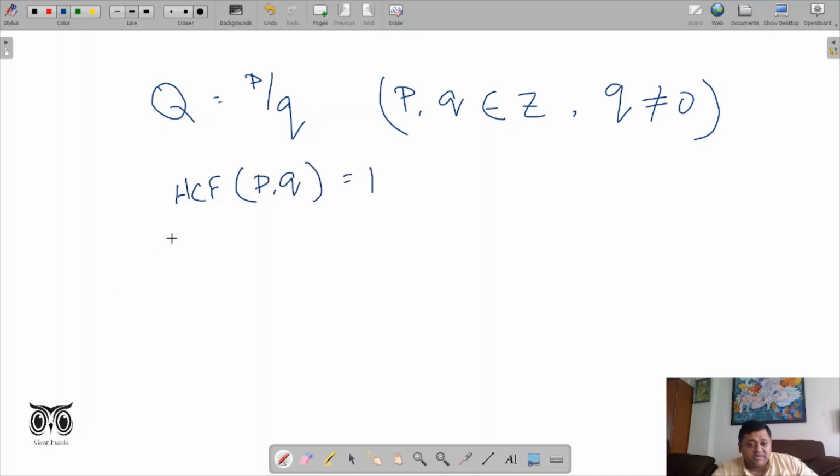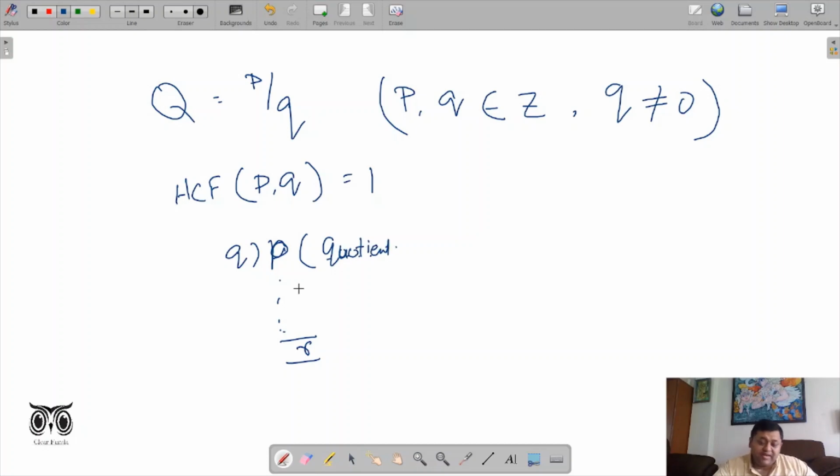So under these circumstances, if we actually divide p by q in a proper way, so we keep on doing this, what we get at the end is a remainder, and what we get here is called the quotient, right?